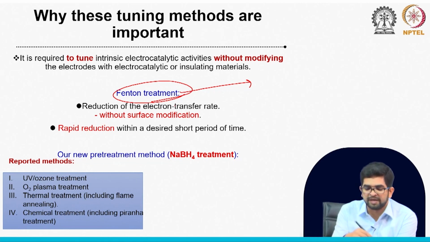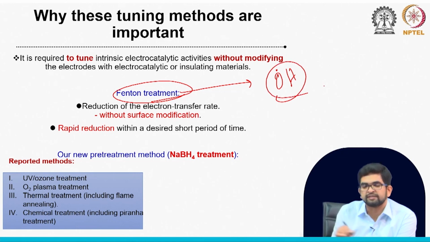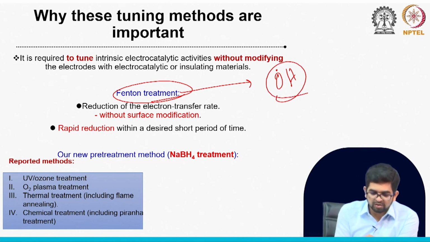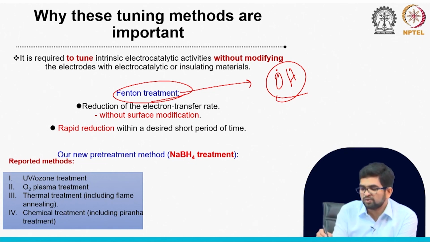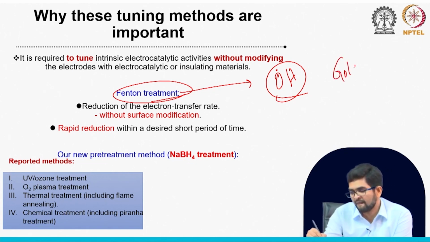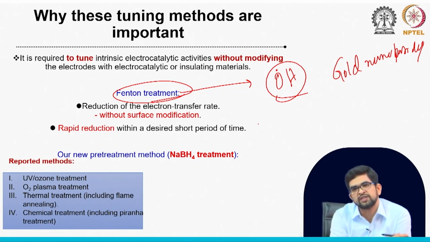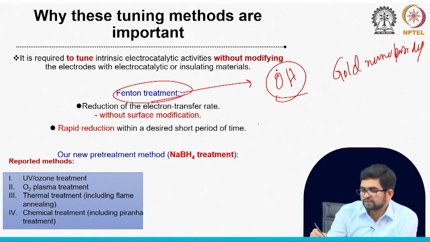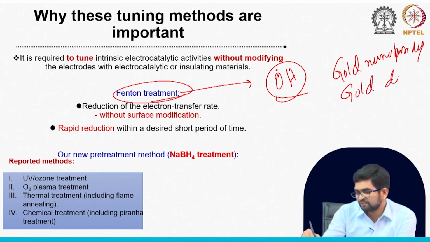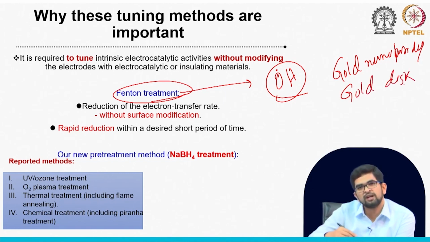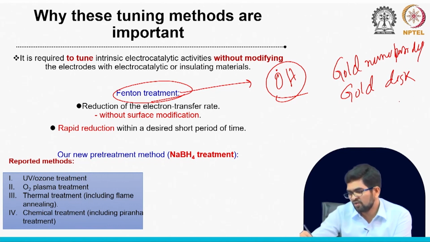Mechanical polishing can enhance, but phantom can deactivate the catalytic activity because it is generating hydroxyl radical, right. In this case of treatment like phantom, if you go for the gold nanoparticles, you can see their surface roughness is not changing that much. But if you see the gold disc electrode, I am just summarizing all the treatment factors that I taught, right. Gold disc electrode, you see the surface roughness change.